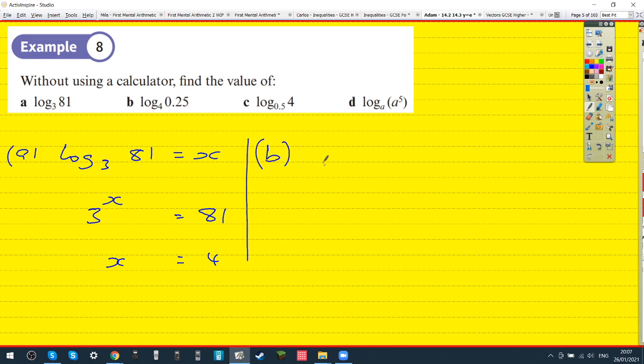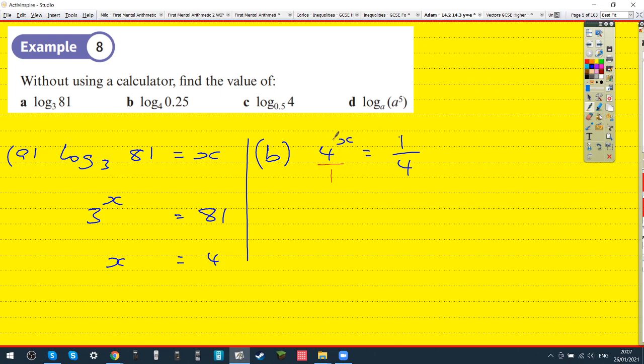B. 4 to the x equals 0.25. So would x be 1/8? Well, 0.25 is the same as a quarter. 4 to the power of what is the same as a quarter? 4 to the power of a half is the square root.